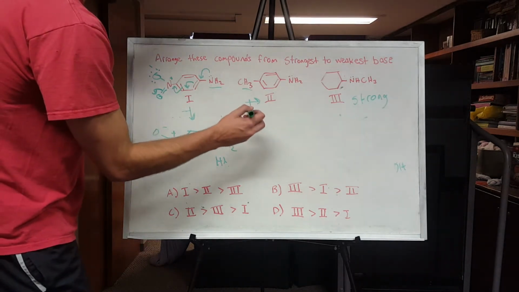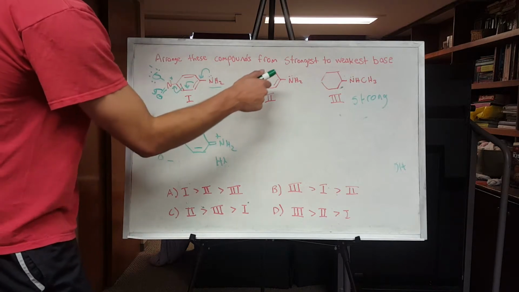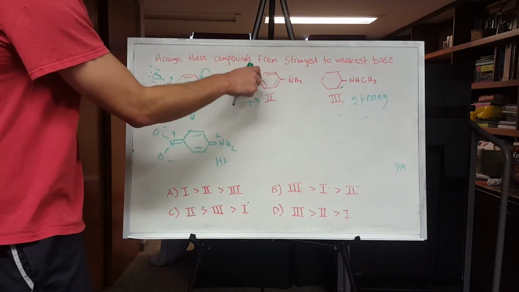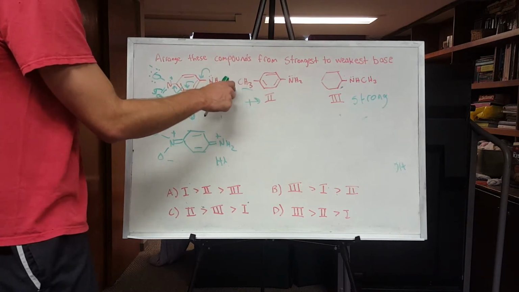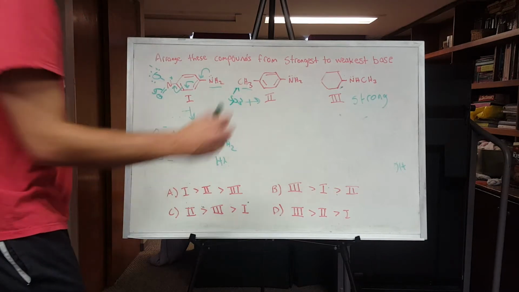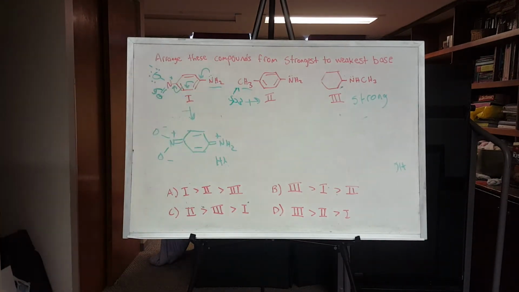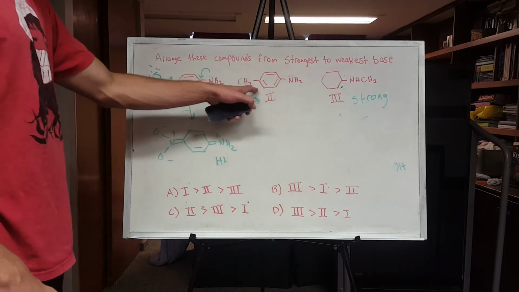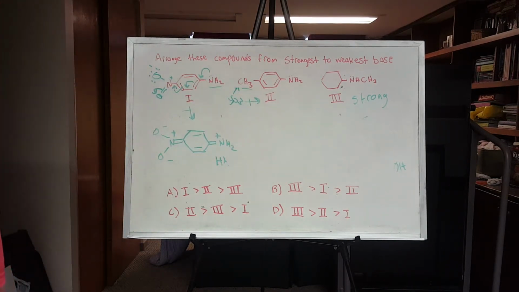So this guy is not going to be able to donate any electrons or withdraw any electrons from the ring due to resonance because this is an sp3 carbon. But what it does is, these are slightly nonpolar bonds. I think you call it inductive electron donation.